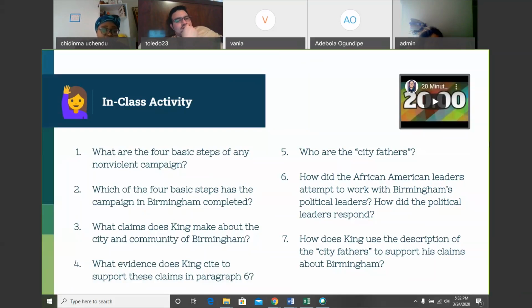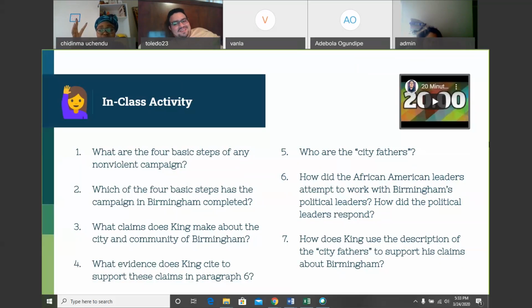What are the 4 basic steps of any nonviolent campaign? And get ready to explain, not just reading it from the text, but get ready to explain what each one means, okay? I will give you time to think about it.